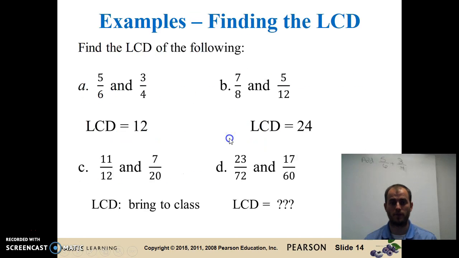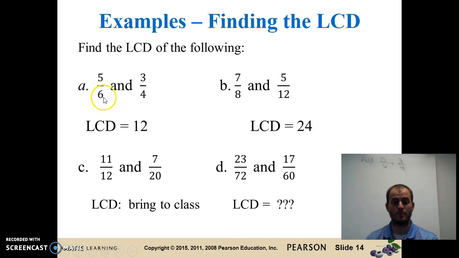This would be our common denominator that we'd want to use if we wanted to add two fractions with denominators of 9 and 12. Okay, so an example of this, looks like I gave away the answers here, 5/6 and 3/4. If you write out the multiples of 6, it goes 6, 12, 18, 24, and so on. The first one that 4 goes into is 12. So the smallest number that 6 and 4 go into is 12.